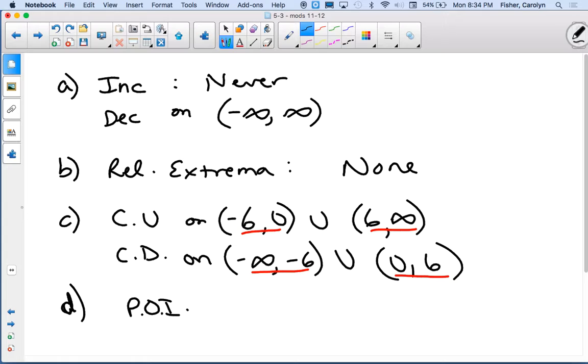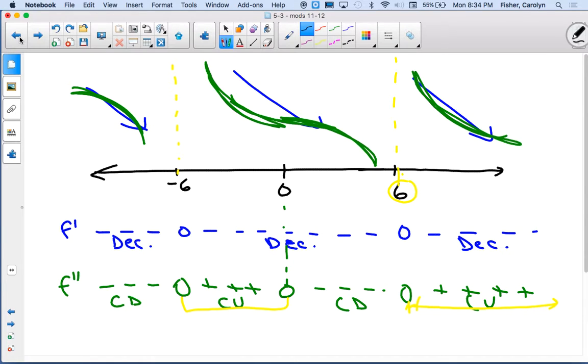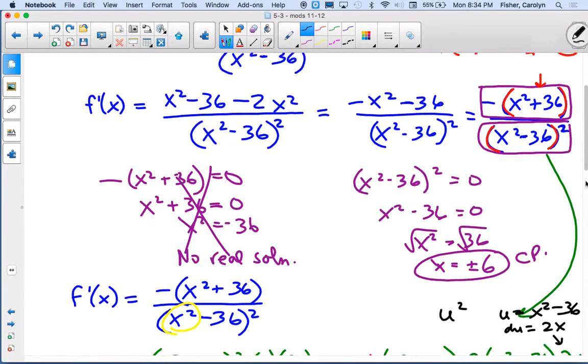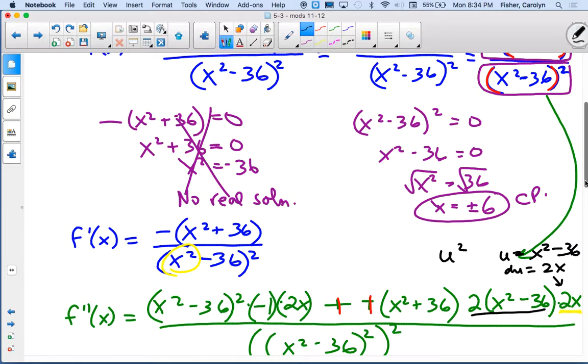And that would be where you had changes in concavity. So points of inflection would be, it has to be where your second derivative is either equal to 0 or undefined. And I'm also noticing, sorry, I'm making lots of mistakes today, that I didn't do this exactly right. My -6 and +6, if we go back to our work here, maybe some of you already caught this. -6 and +6 came from setting my denominator equal to 0.